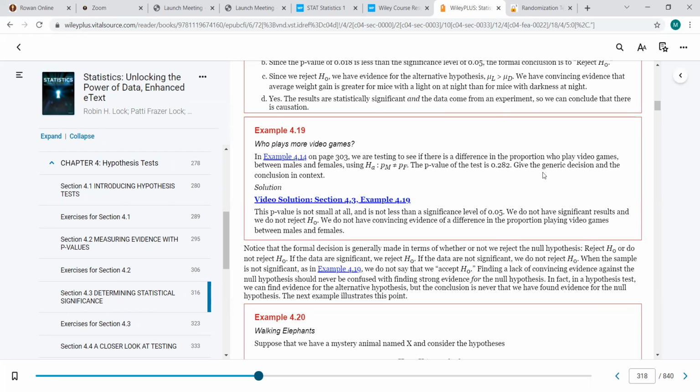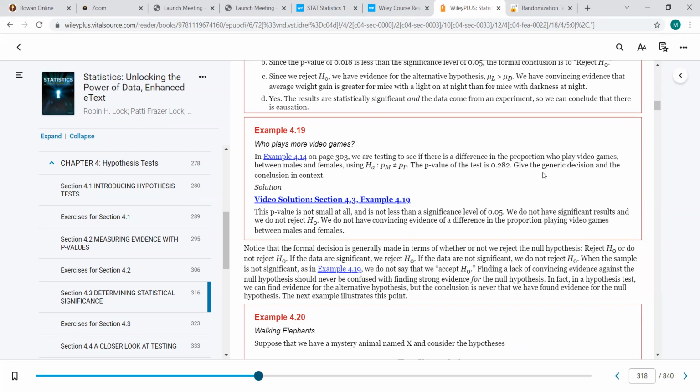So we would state our conclusion based off of the context of the problem. In this case, it's about playing video games, and the two groups are males and females. So we would say there's not enough evidence to conclude that there's a difference in proportion between the two groups. That would be like a fourth step.